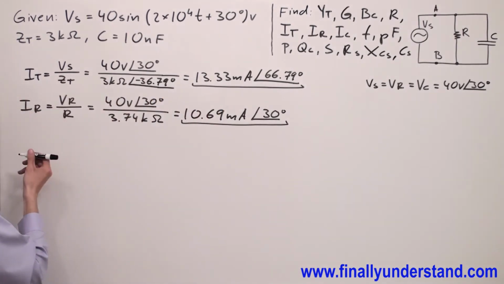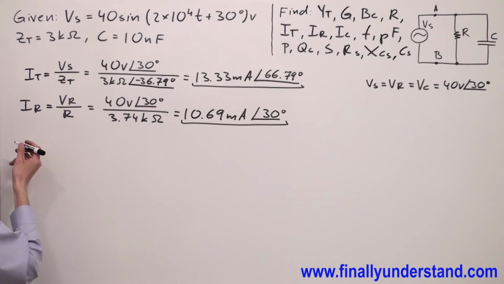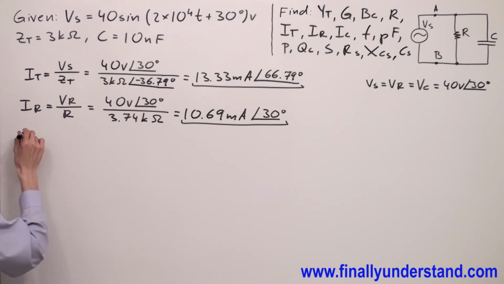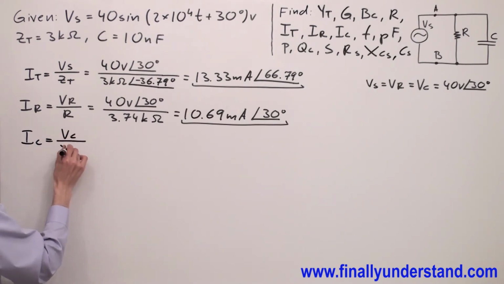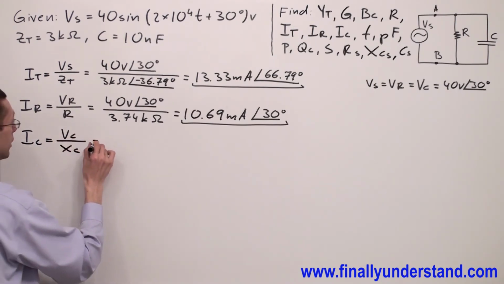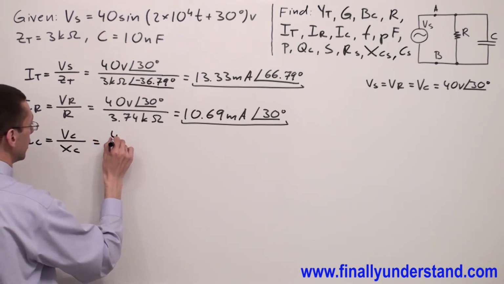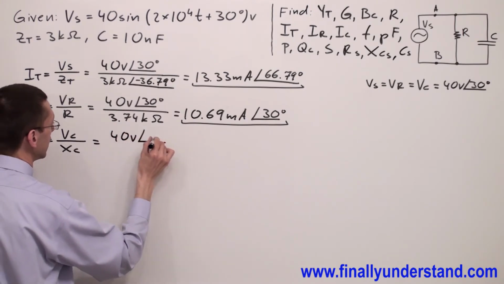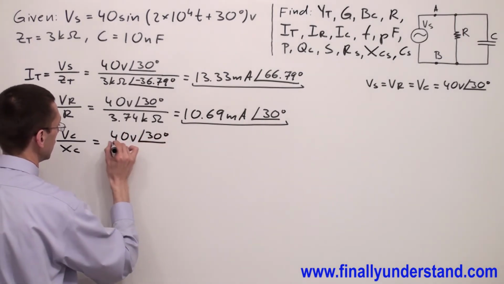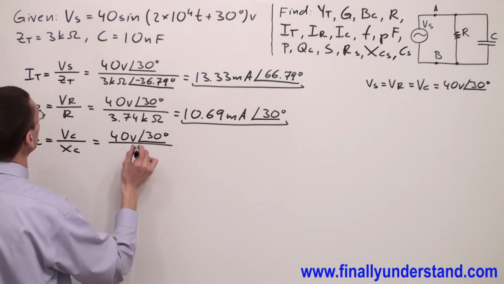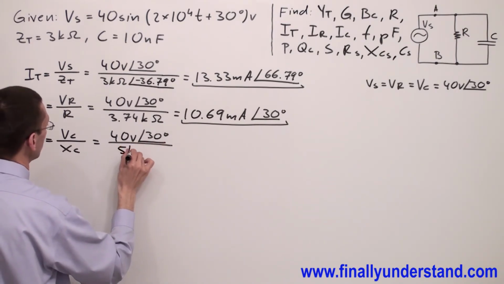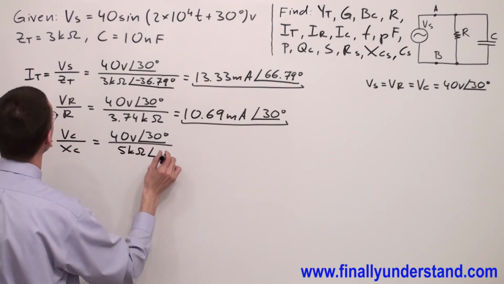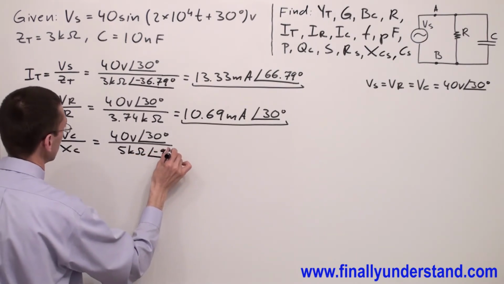Next, I'm supposed to find the current which goes through the capacitor. So IC is equal to VC over X of C. This is equal to 40 volts and angle of 30 degrees over X of C, which is equal to 5 kiloohms and angle of negative 90 degrees.